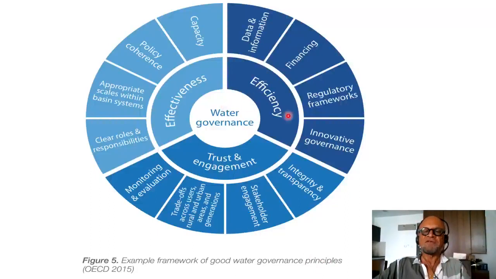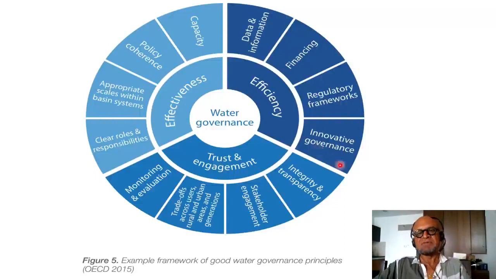You are looking for efficiency, trust and engagement, and effectiveness. Here in efficiency you have the need of data and information to manage early warning systems and so on. Financing is very important, as we discussed in adaptation, for example. Regulatory frameworks to regulate use, water pollution and distribution.